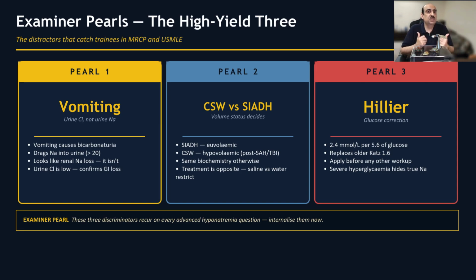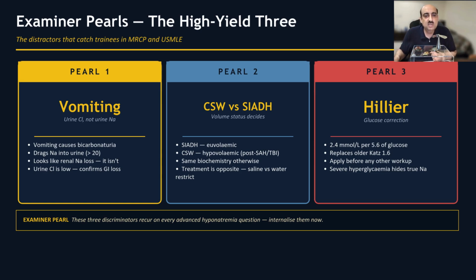The treatment is opposite. Because there is volume depletion in cerebral salt wasting, you need to hydrate them, especially with saline. While in SIADH, the problem is not the sodium, the problem is the excess water. So what do you do? You restrict the fluid. That's why the pivotal point will be the clinical assessment of volume status.